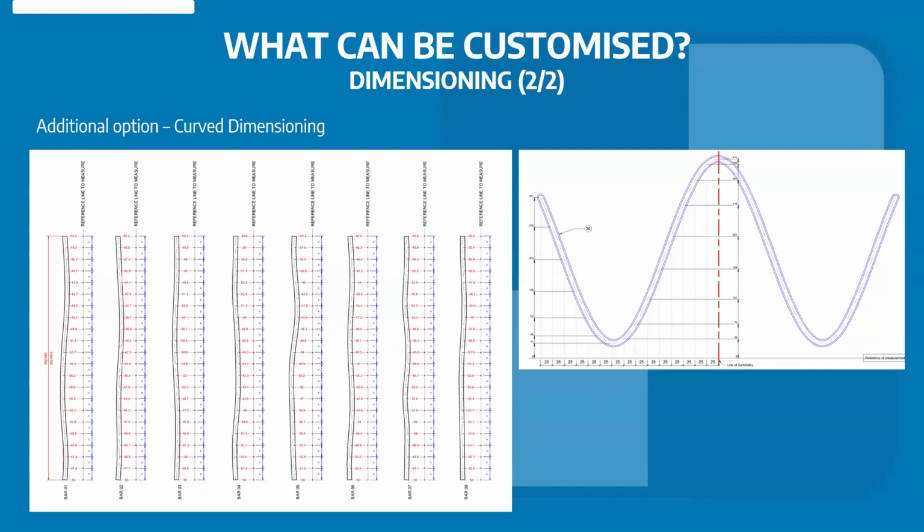But for example, if I go to the left side of the slide and this image, it's really hard to put any ordinate dimension method to identify a curved shape like this. So in this case, I have to completely create a new custom dimensioning system that can read within a different spacing, and that can read from the dimension of the center line of the curve from the reference line. So that's another level of customization that we are talking about.